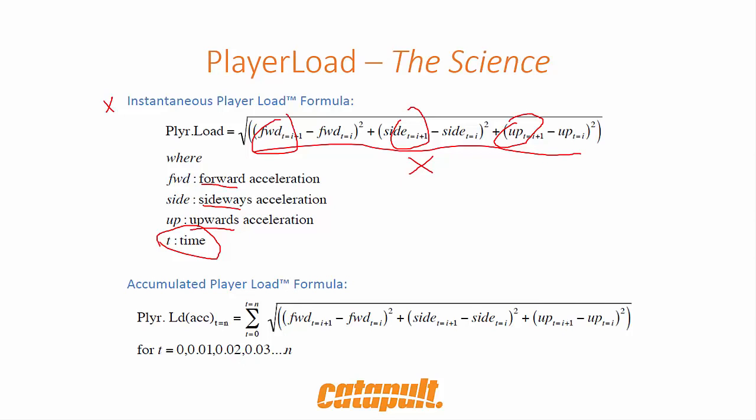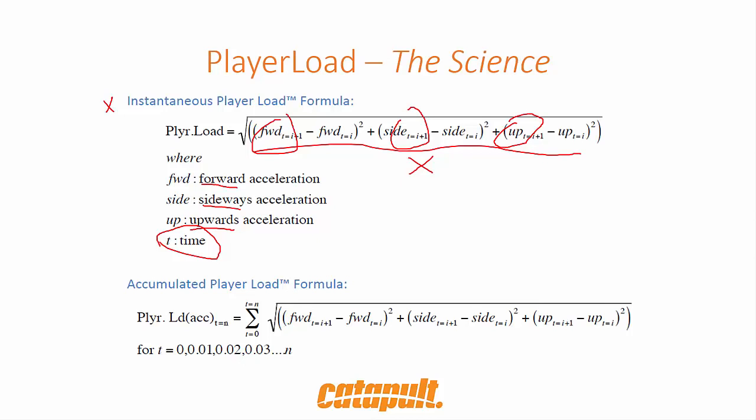So we're within the hundreds, and now I can compare that within the athlete, within the team, within the position. Really, that's where the value comes into play. So the instantaneous is going to be calculating every hundredth of a second, really.